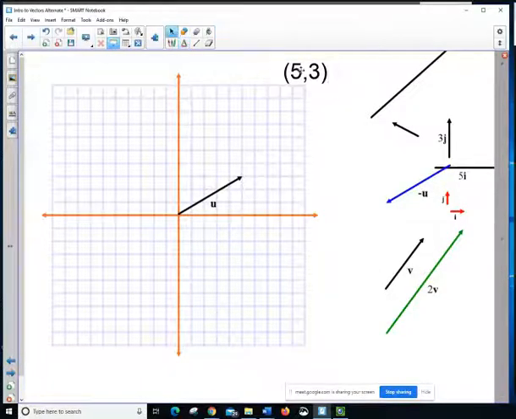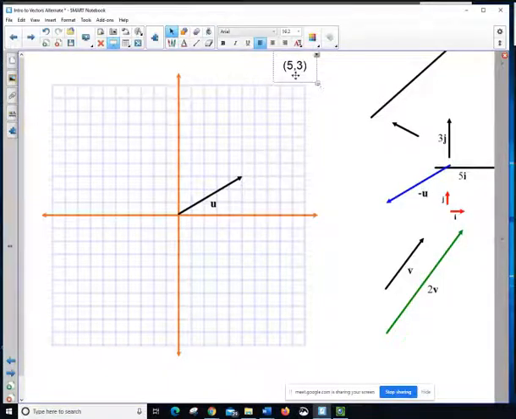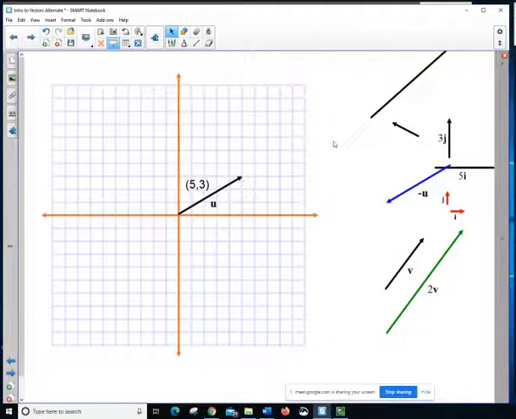So this vector here is the vector 5, 3. But there's another way in which we can describe these vectors. And again, this is going to look a lot like what you would have done back in physics when you're working with components: we define these very special vectors.